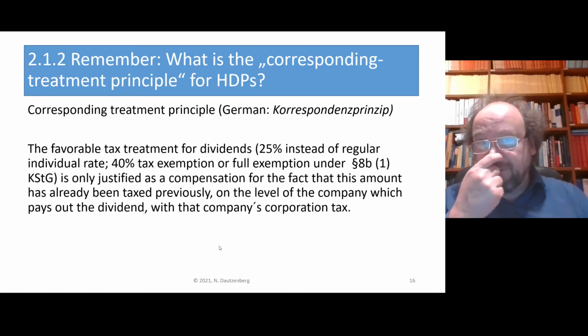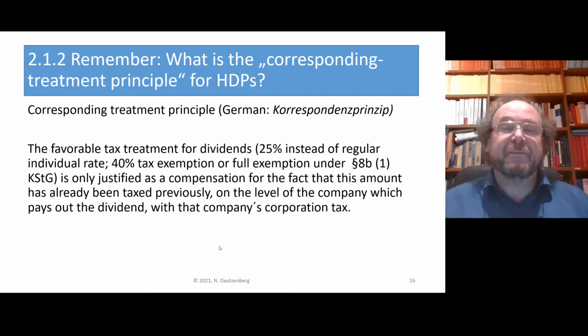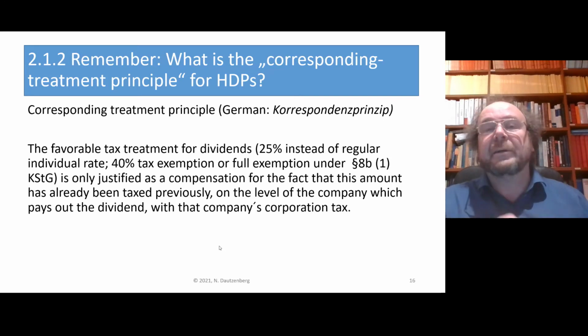So that money would leave the corporation tax-free, and then naturally for the shareholder, the reduction of the rate or the tax exemption would no longer be justified. That is the correspondent treatment principle. The positive consequence of a dividend is only granted in the hands of the recipient if the negative consequence, a dividend is not a deductible expense, a dividend must have been taxed, if that negative consequence has also actually taken place on the level of the paying corporation.